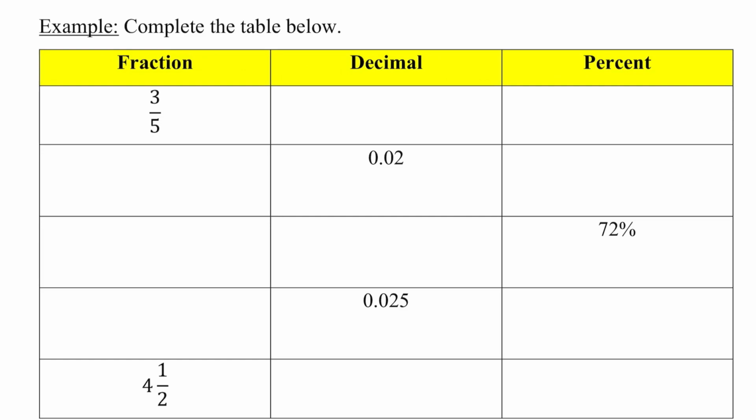For example, in the first row, they gave me 3 over 5 in the fraction column, and they want me to write 3 over 5 as a decimal and also as a percent. Or in the second row, they gave me 0.02 in the decimal column, and they want me to write 0.02 as a fraction and also as a percent. And I need to complete the table.